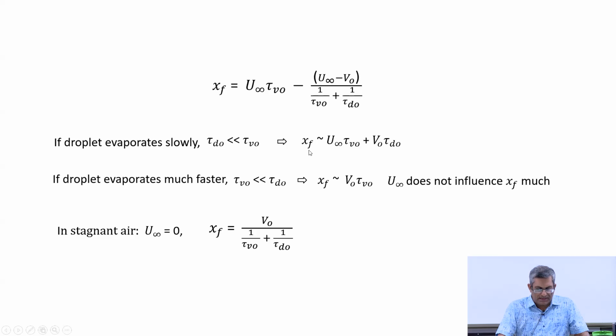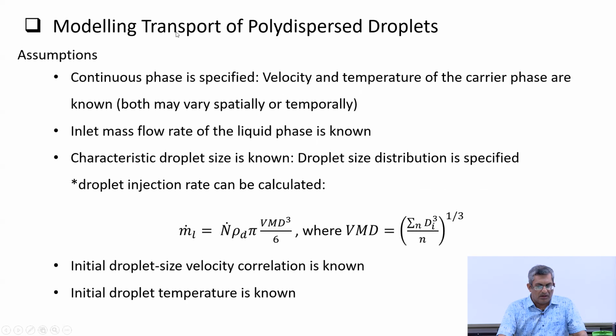Next, the modeling of polydispersed droplets. In this case, we have to consider the behavior of particles of different size. One way to deal with this problem is to consider a characteristic size, or VMD, volume mean diameter, and if the mass injection rate of the liquid is given, then we can calculate the number of particles we inject per unit time.